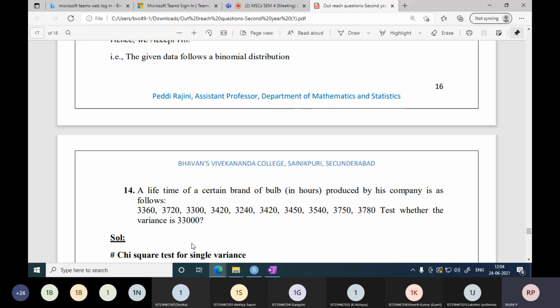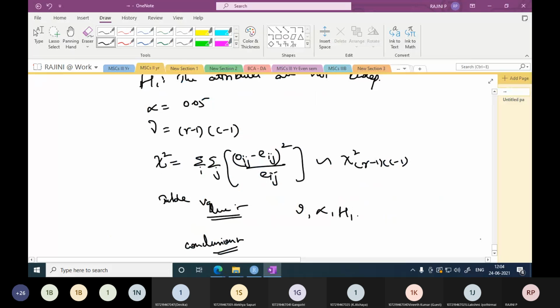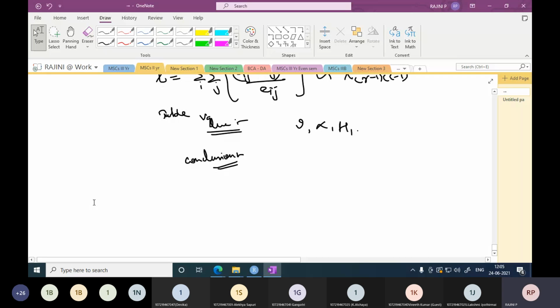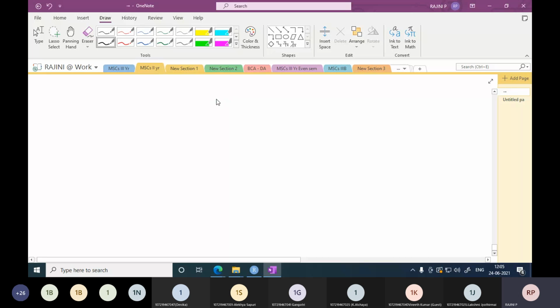Here they have given you the raw data, and let me know what is the procedure first. Now write that: chi-square test for single variance.